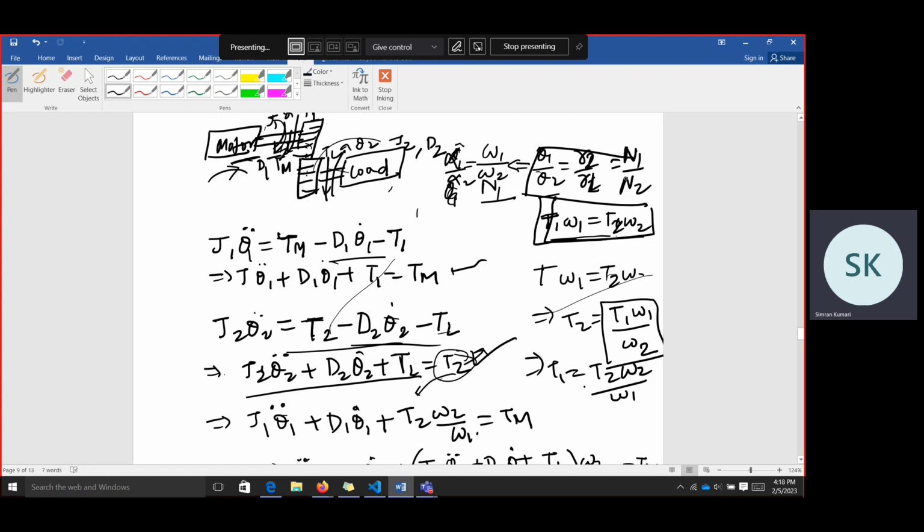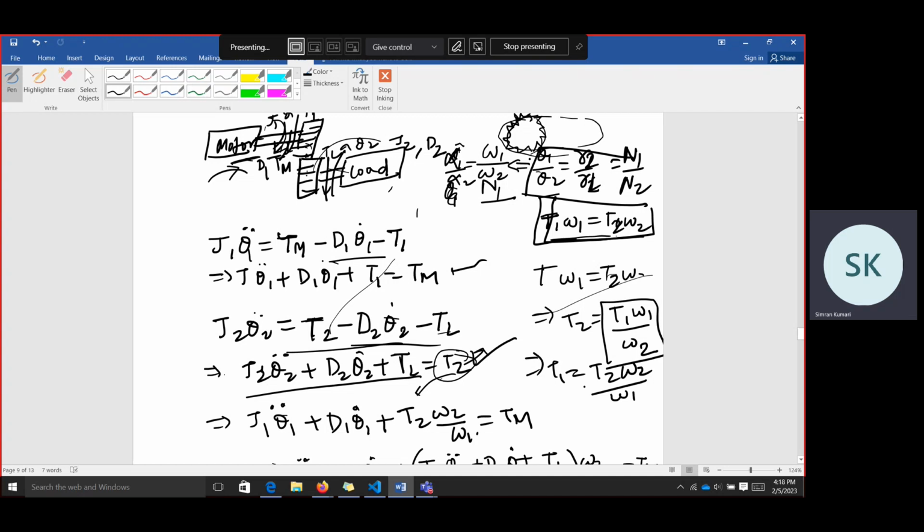N1 and N2 is the number of teeth. So when you say gear, it's not circular, it's having teeth. I think you have seen a cycle chain. So there is a chain like this, and that's how it moves.